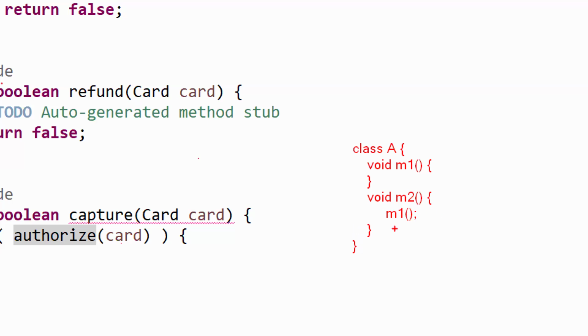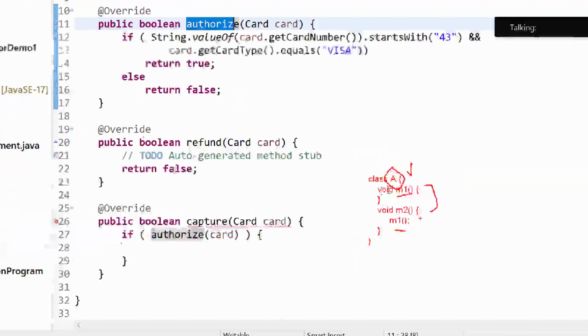Yes, we can, because M1 is in class A and the M2 method is also in class A. When both methods are in the same class, can we call one method in the other method directly? Yes, that's what I'm doing. Very good, nice.